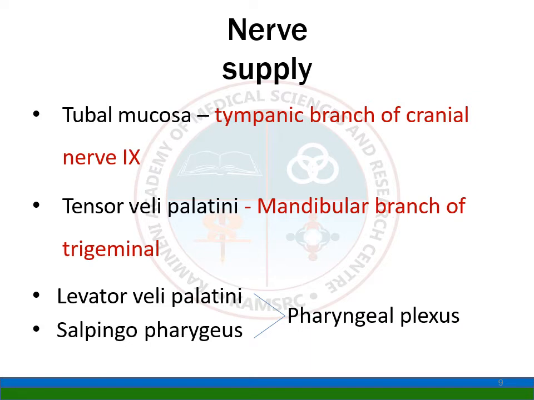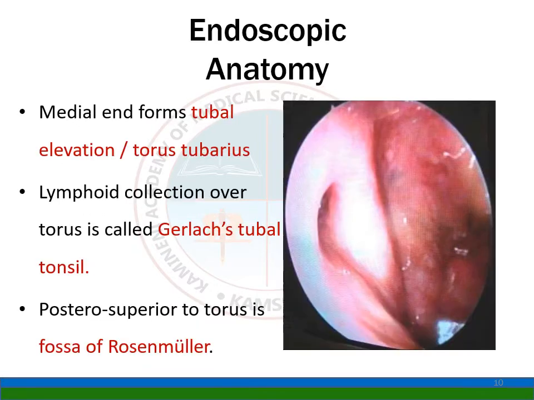The nerve supply of the tubal mucosa is by the tympanic branch of the ninth cranial nerve, that is glossopharyngeal. The tensor tympani is supplied by the mandibular branch, and levator palati and salpingopharyngeus by the pharyngeal plexus.